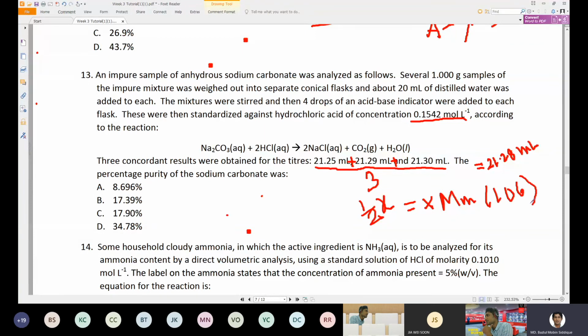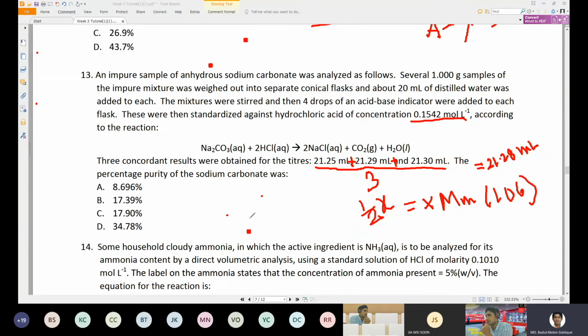Then I will get the mass of sodium carbonate, and that is the mass in the 1 gram sample.